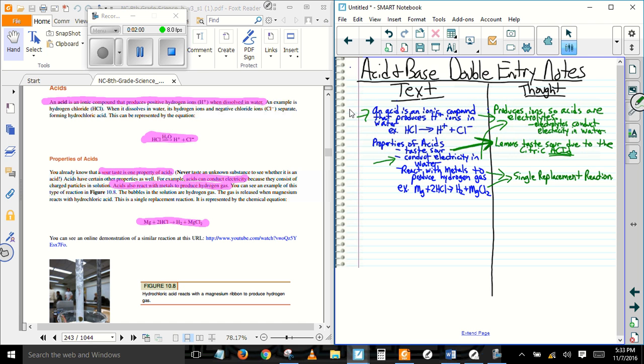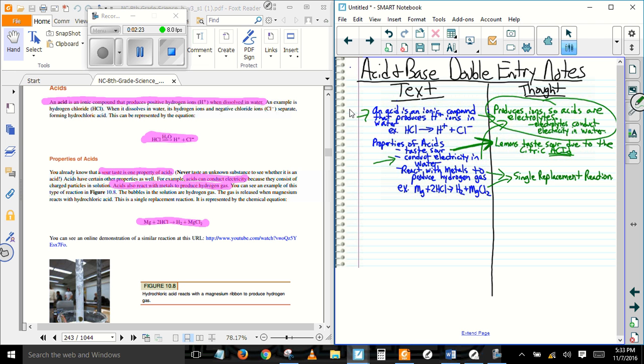And so I'll take those pieces of information and put them together and I get this over here. An electrolyte is anything that conducts electricity when you dissolve it in water. And since acids produce ions and ions conduct electricity, then all acids are electrolytes.